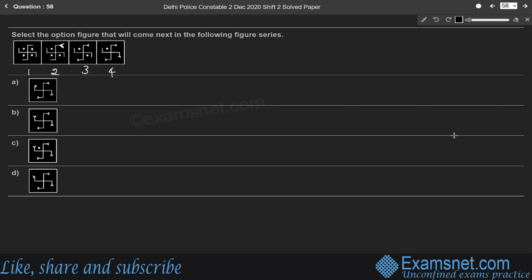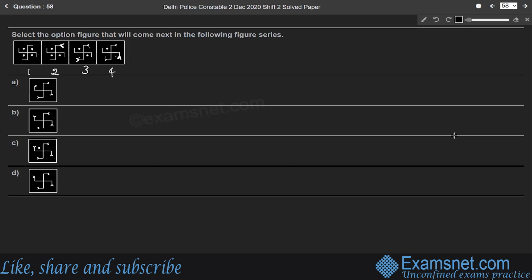And in the next figure, 2 dots are removed, opposite side, and a reverse arrow mark is added to the removed side. And in the fourth figure, 3 dots are removed and a reverse arrow mark is added here.